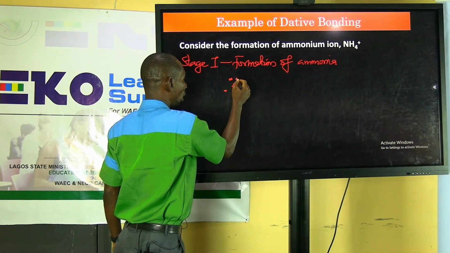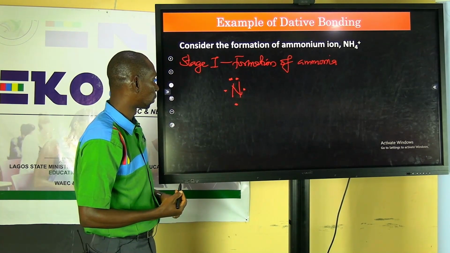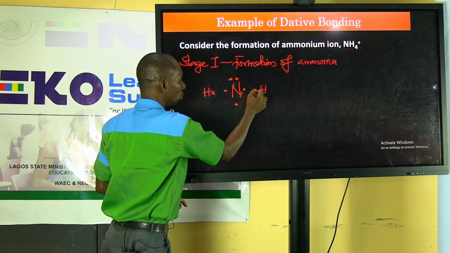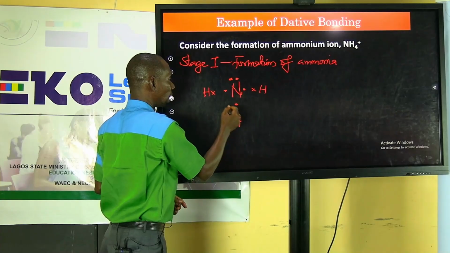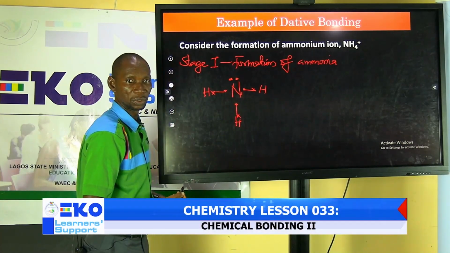And if you look at the formula of ammonia, it is between nitrogen and 3 atoms of hydrogen. Each of the hydrogens has 1 electron, and so there is going to be sharing of these electrons.